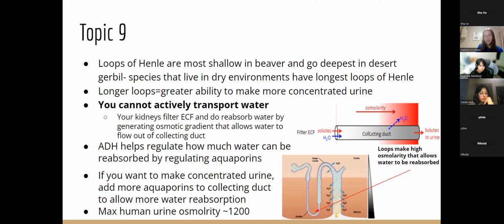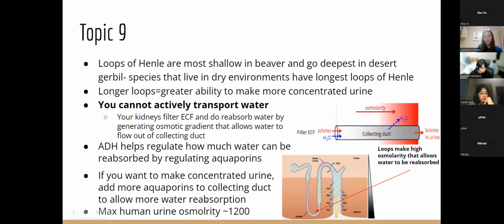So basically, as the collecting duct goes deeper and deeper, there's a higher and higher osmolarity that allows water to be reabsorbed. And ADH helps regulate how much water can be reabsorbed by regulating aquaporins. If you want to make a more concentrated urine, add more aquaporins to the collecting duct to reabsorb more water from the collecting duct.